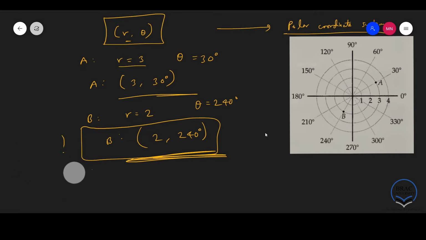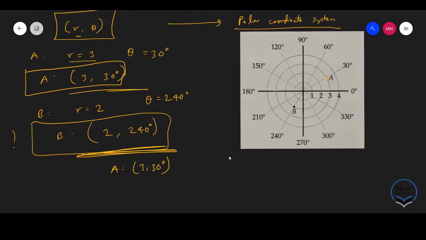So if I consider my point A again, we have shown that this has the polar coordinates (3, 30 degrees), right? But that is not the only coordinate for this point. We can also add 360 degrees to my angle theta, or we can subtract 360 degrees from my angle theta, and we will arrive back at the exact same point, right?